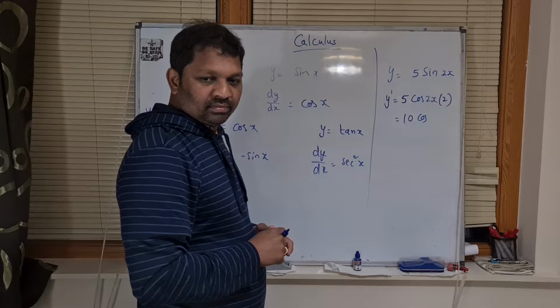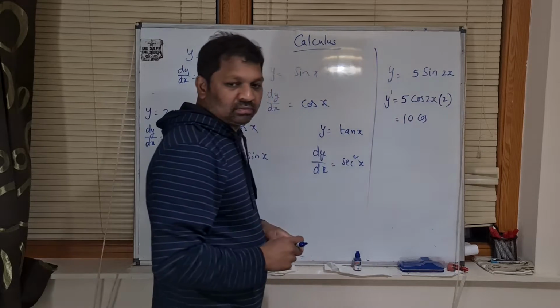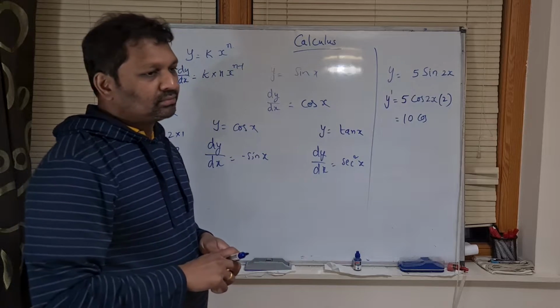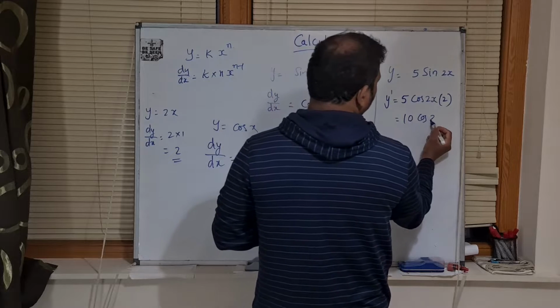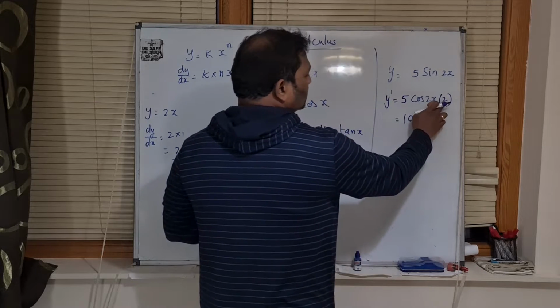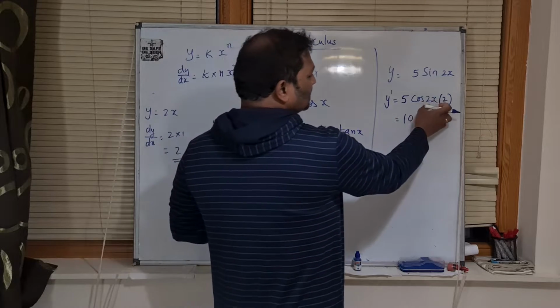So this 2 is multiplying the 5 and also the cos 2x. It's a multiplication.